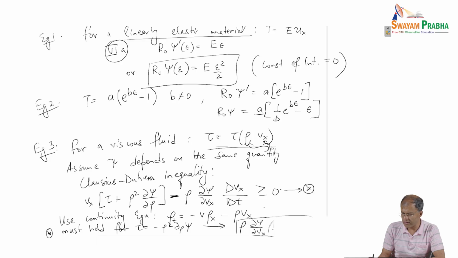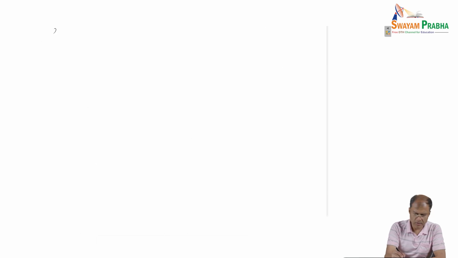It can be less than 0 or greater than 0, depending on the value of Vx, which means that we must have that partial psi partial Vx must be equal to 0.